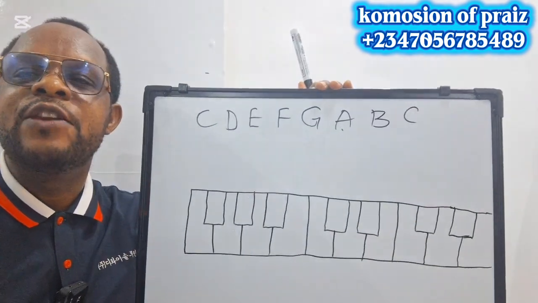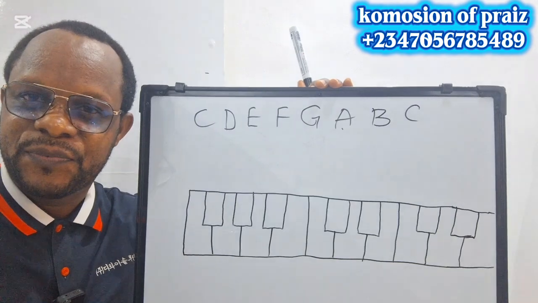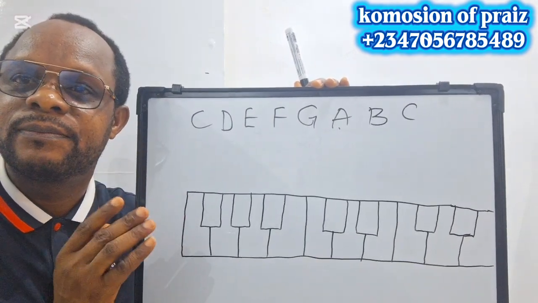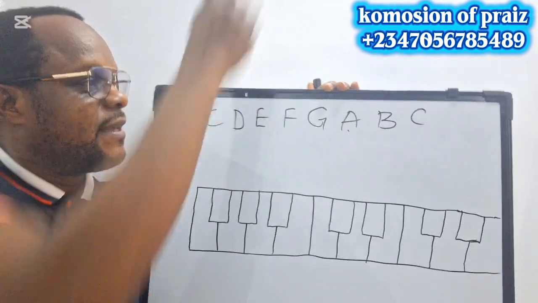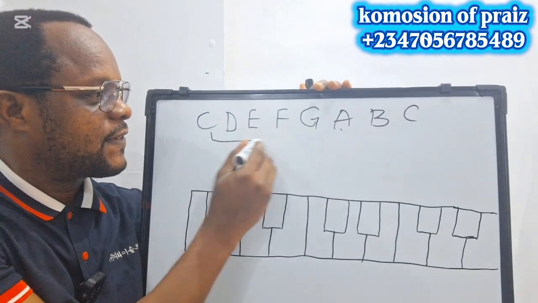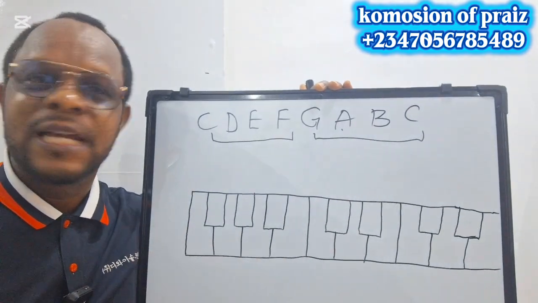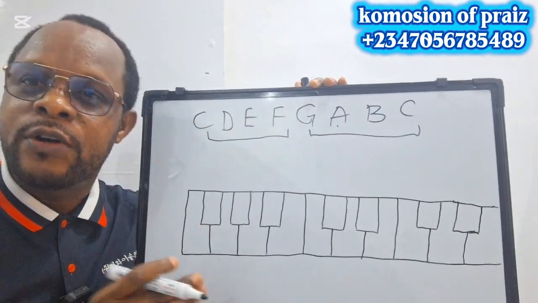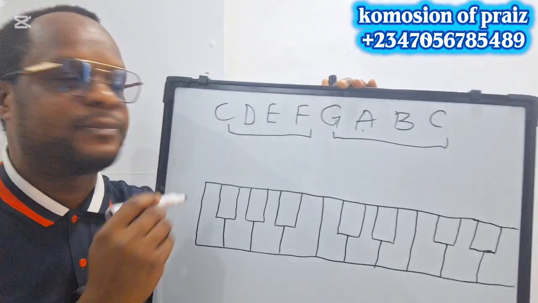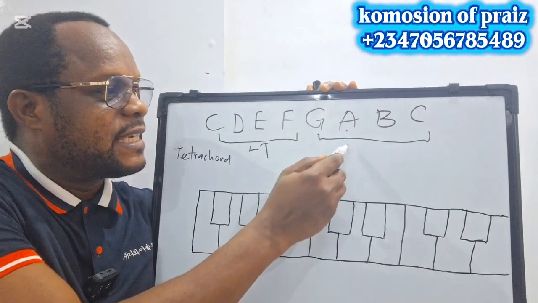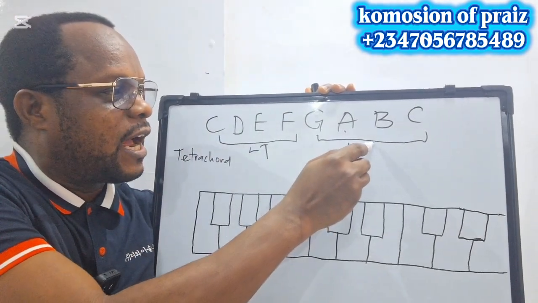To construct a new major scale, we have to divide the scale into 2 equal groups. This is the first and this is the second. You know what? Half of it is called a tetrachord. This is the lower tetrachord, and this is the upper tetrachord.